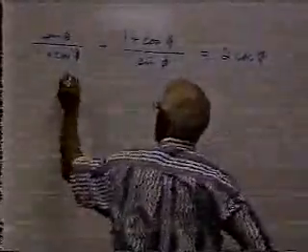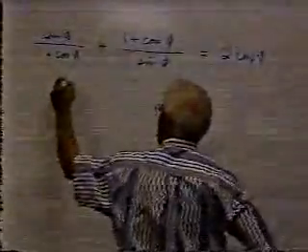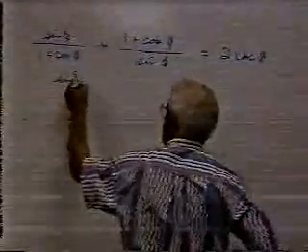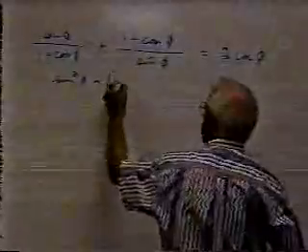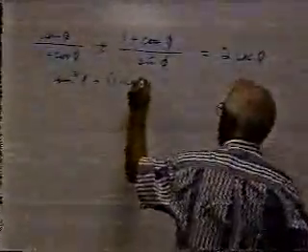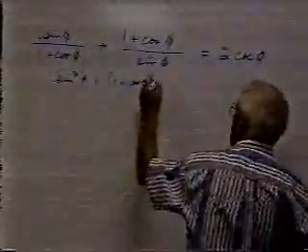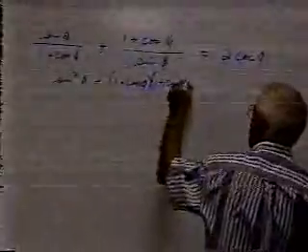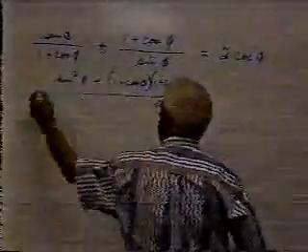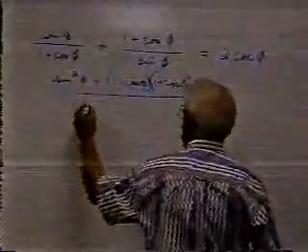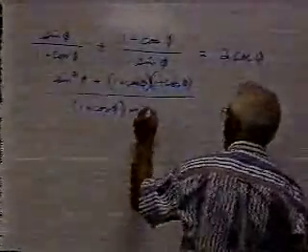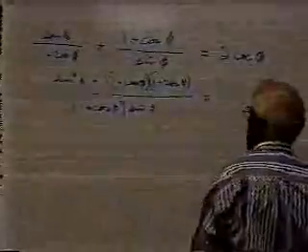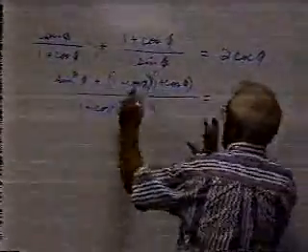So this times that is sine squared of phi, plus this times that is 1 plus cosine times 1 plus cosine, all over this times that. And I'll just leave it multiplied, don't put it together. So, what do we get on the top?